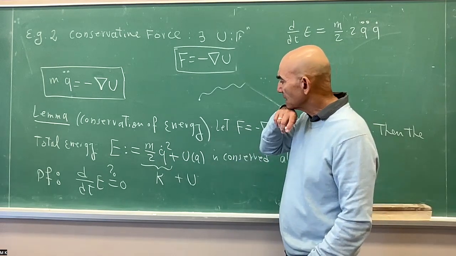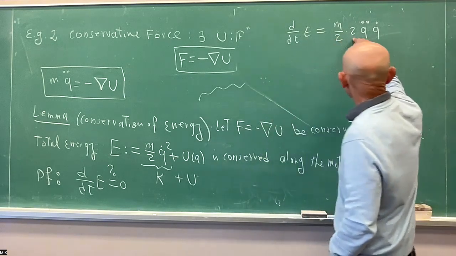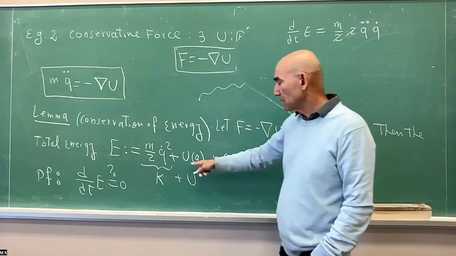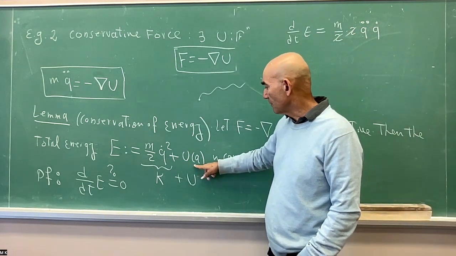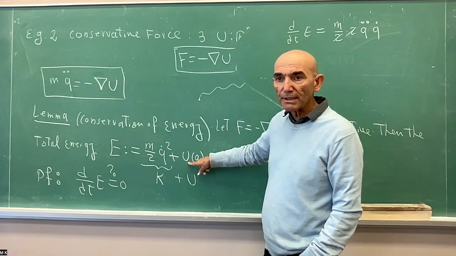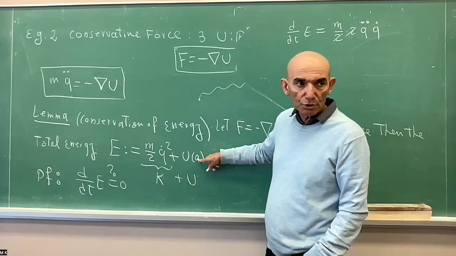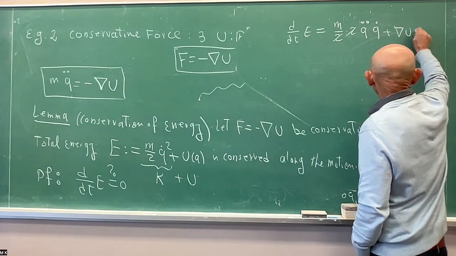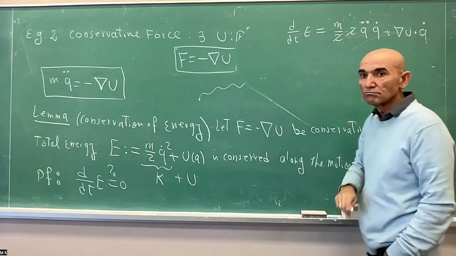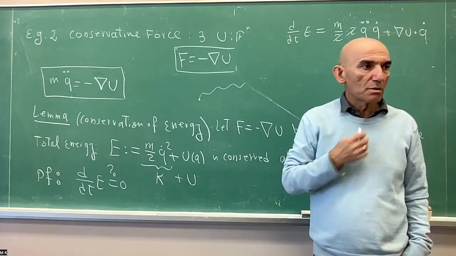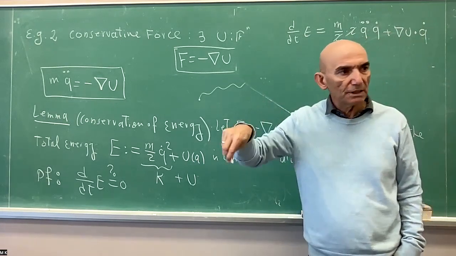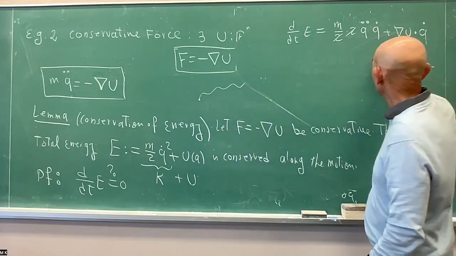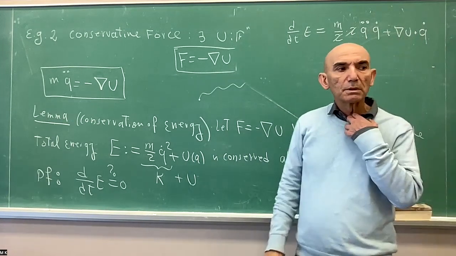So this cancels with that. And then the derivative of the potential with respect to time is the gradient of U dotted with q dot. This is the chain rule, because U of q of t has derivative U prime of q(t) times q prime of t, but this is the vector version. So I'm just writing. Is notation clear?